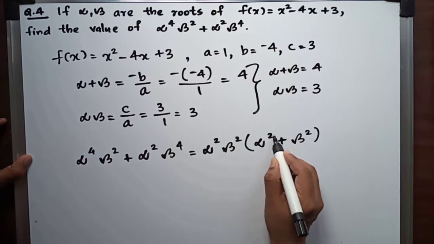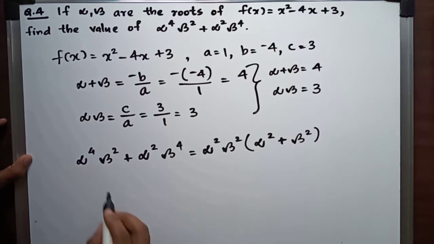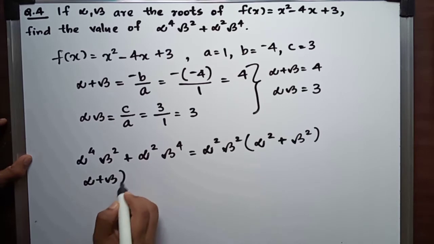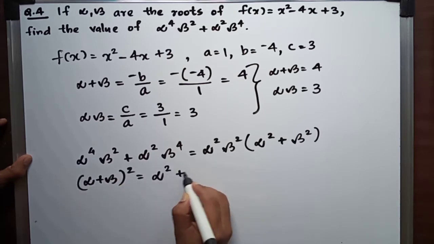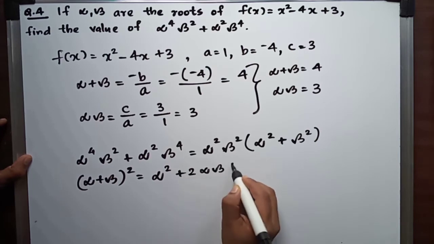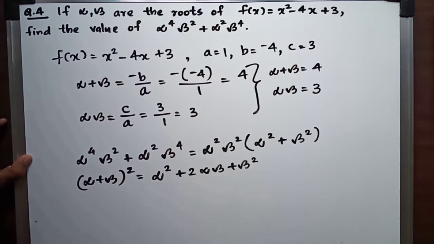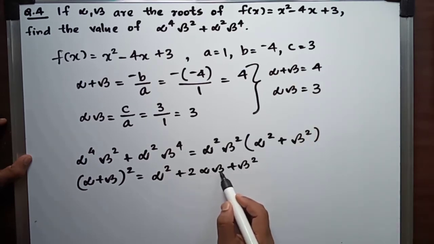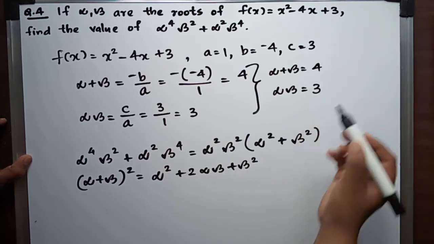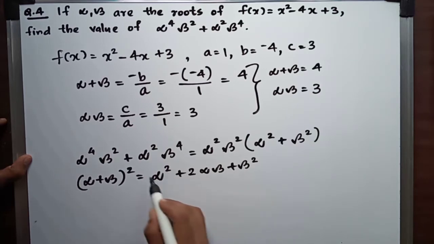Anyways, what is α² + β²? (α + β)² is α² + 2αβ + β². That is, we are using the identity. We know the value of α + β, and αβ also we know the value. From here we will get α² + β².